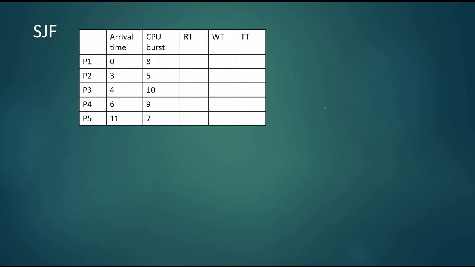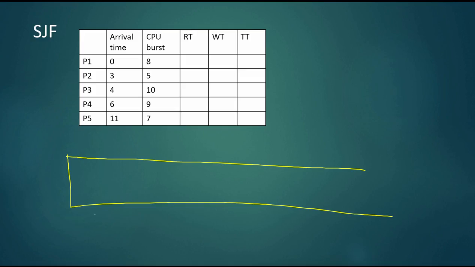So let's move on now to shortest job first, and we're going to do the same exercise with the same processes. We will start at time 0, and the way shortest job first is, it's a priority-based algorithm, and instead of having an assigned number for the priority, the processes get the priority based on their CPU burst.